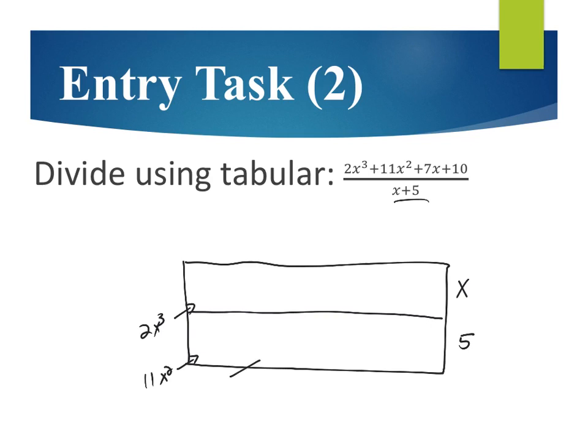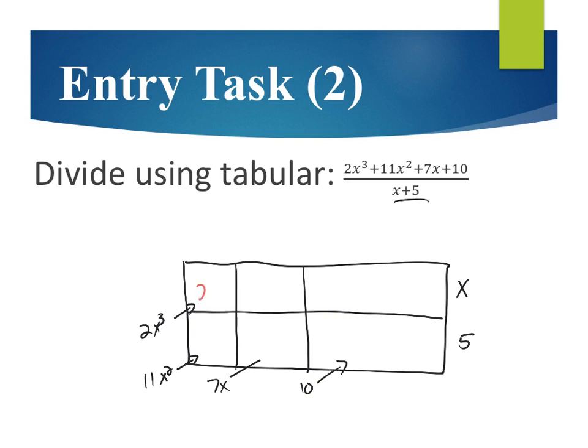I know that that's going to be 7x, and then last but not least is 10, and that's just going to go there. So even though it doesn't look beautiful, it's the stuff that I have and I know that this is the right cell. I could clean it up if I wanted to, and maybe with some time you'll develop some strategies for figuring out how many boxes you need. But for now, this is okay.